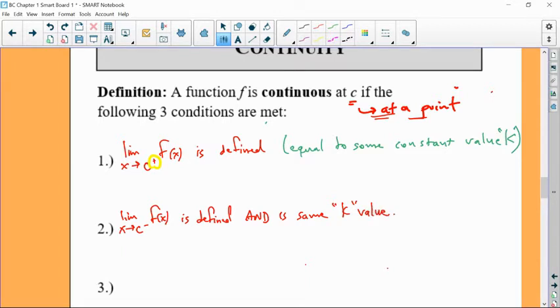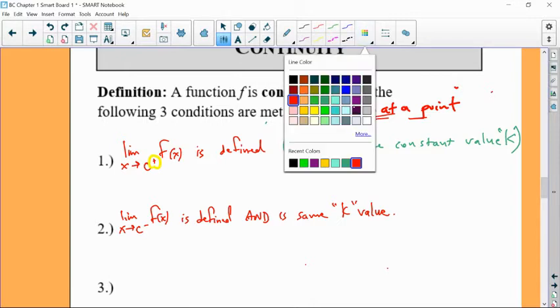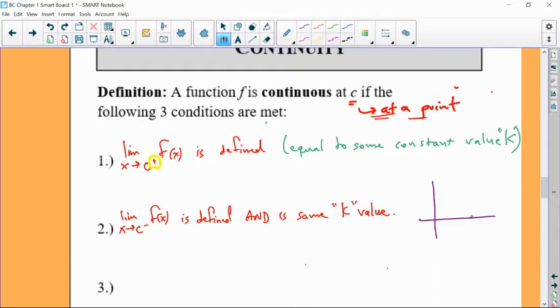If you think about this from a graphical point of view, here's your c value, because it's an x value. You're coming from the left, so here's your function, and let's say it equals that point right there. That's k. And you're coming from the right, so they're lining up towards each other.